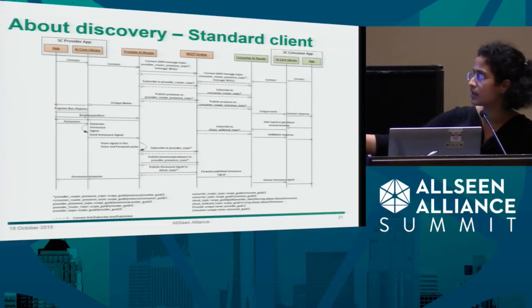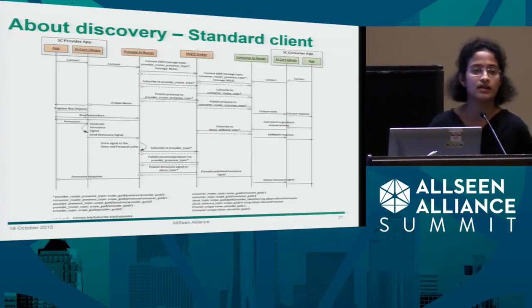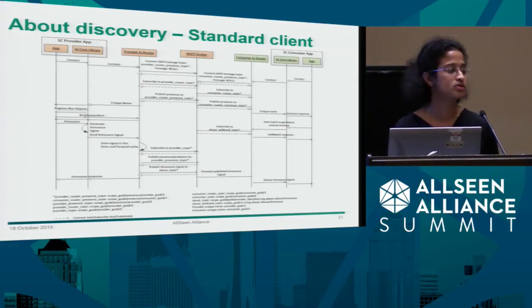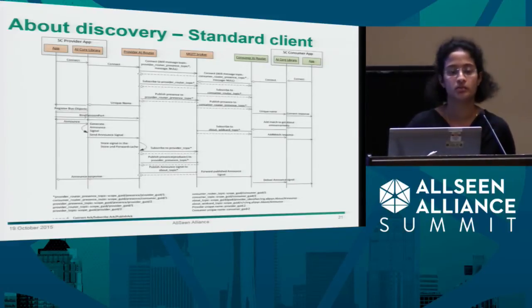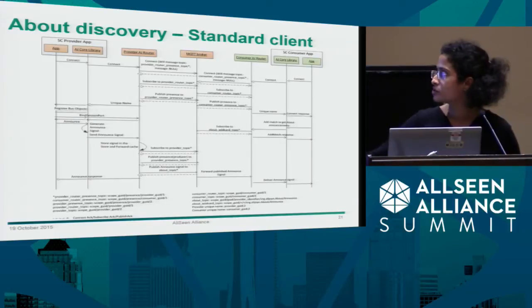The other difference that I wanted to note here is that when the announced signal is sent out, the subscription for the provider is made, so that in the future, if any node wants to communicate with the provider, that will be received by the router on behalf of the provider. It also publishes the presence for the provider and publishes the announced signal.